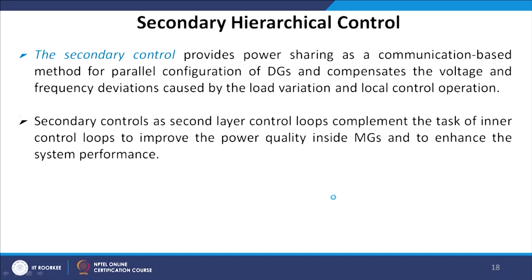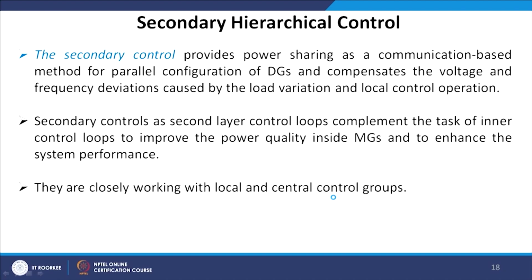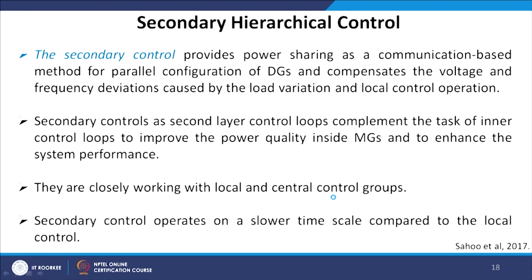Secondary control, as a second layer control loop, as we have seen in the previous diagrams, complements the task of inner control loops to improve the power quality inside microgrids and to enhance the system performance. They work closely with local and central control groups. Secondary control operates on a slower time scale compared to the local control.